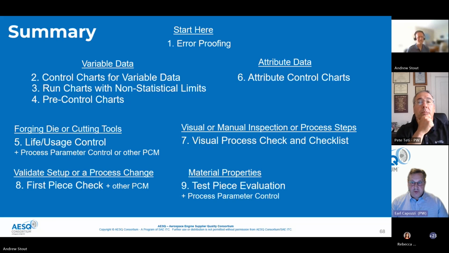We went through attribute data, and then we did visual and manual inspection processes, so visual process checks and checklists. And then we went into first piece checks and went across some other process control methods. And then we just went through material properties.